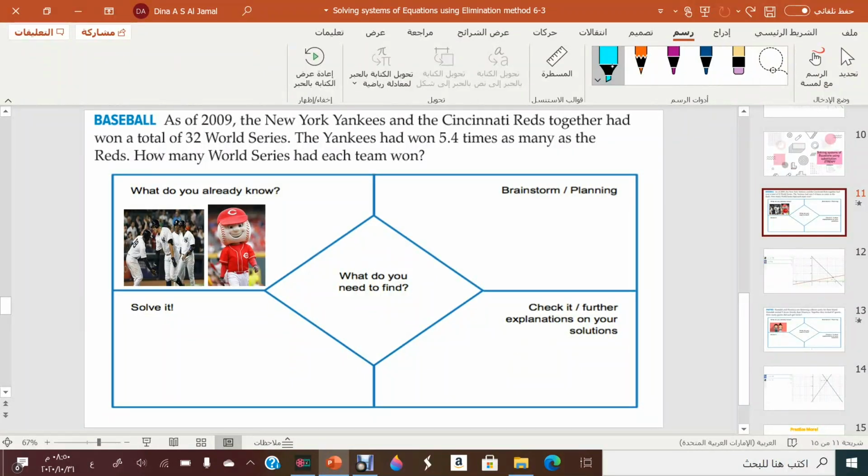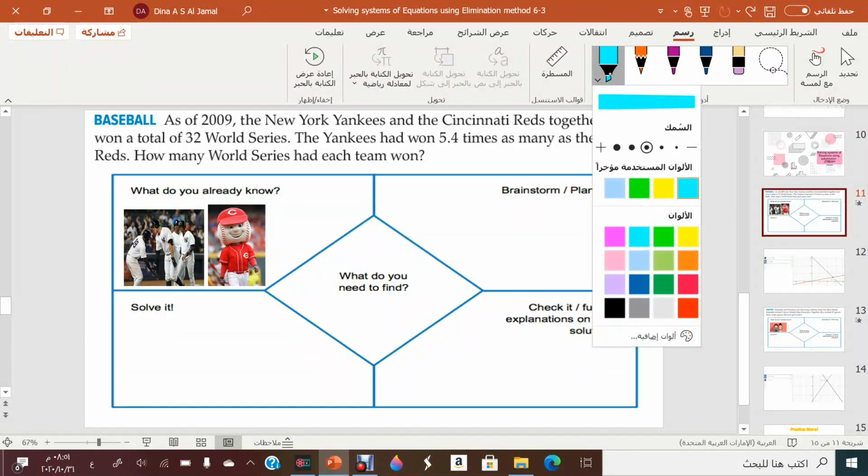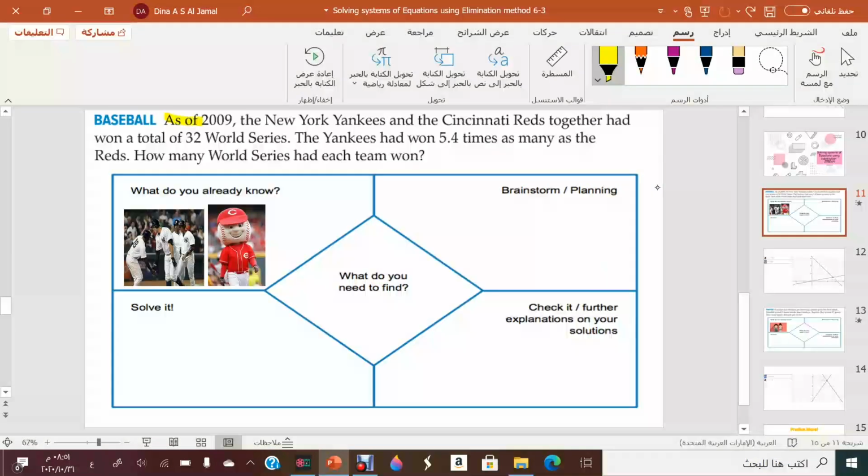The New York Yankees and the Cincinnati Reds are together having or winning a total of 32 World Series. So let me highlight this information in yellow.